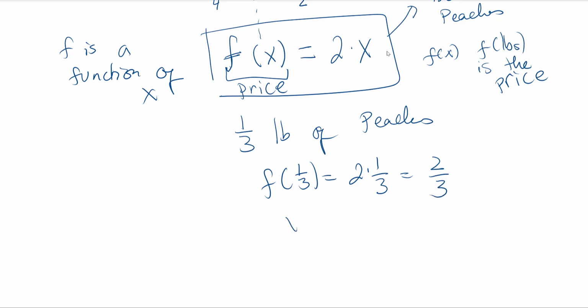Or we can write y equals 2 times x, x equals a third, so y equals 2 times a third, which is 2/3. So this was a quick introduction to what a function actually is.